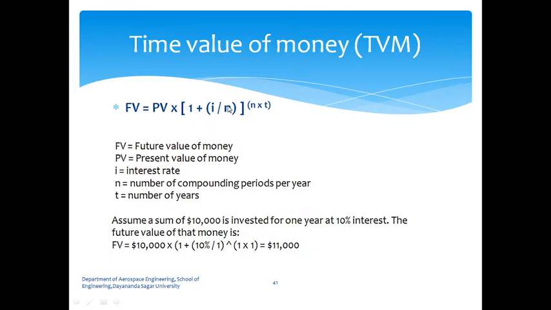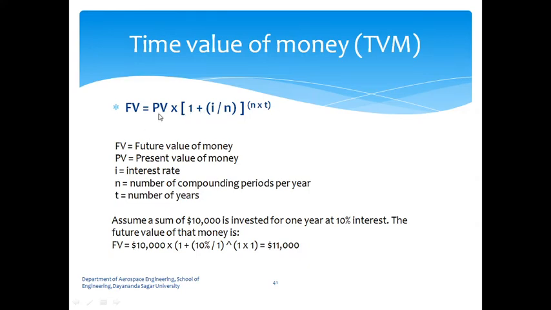As I mentioned, suppose some banks are giving compound interest every 6 months, then you need to keep this n as 2. Per year you are getting 2. So that's why you use n here, to the power of n into t, the number of times and the number of years. So future value will always be more than the present value.